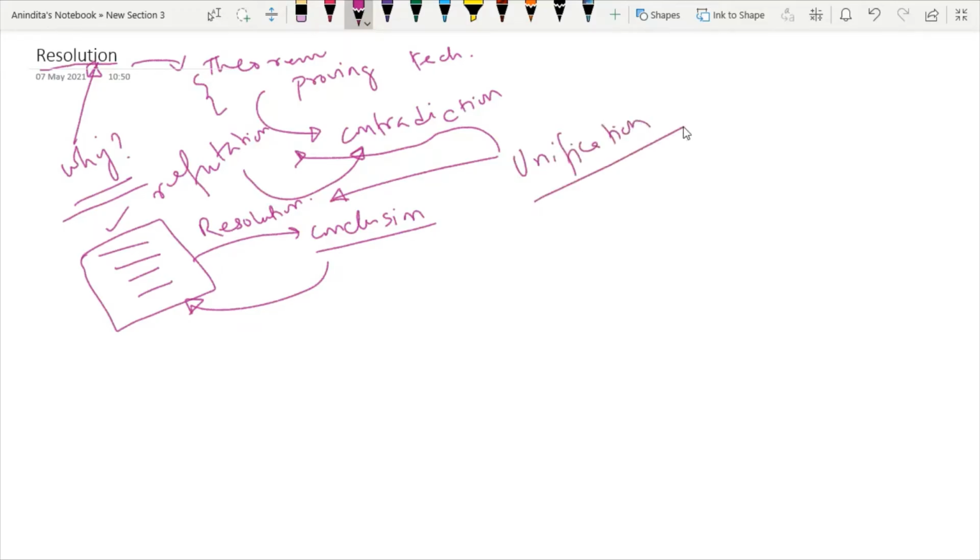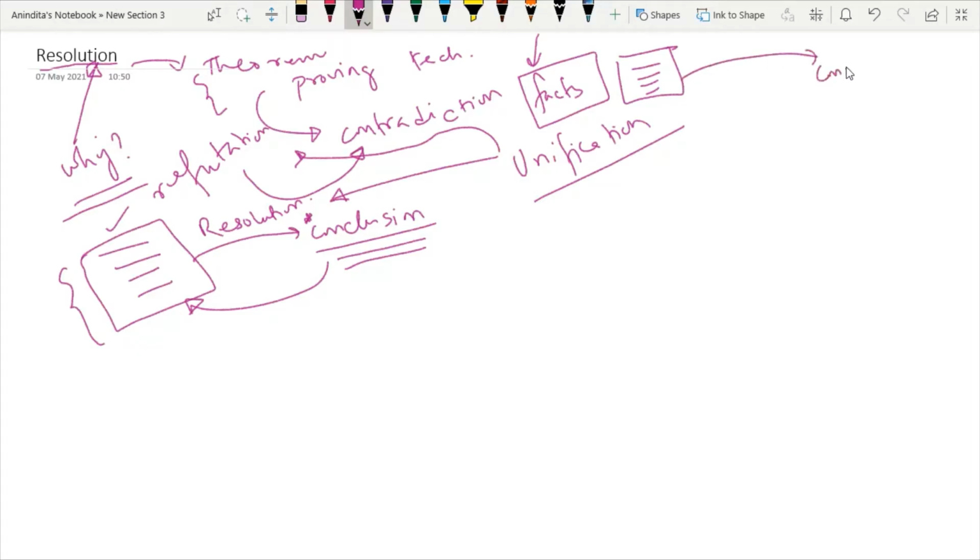So, by using the concept of unification, we can perform resolution so that we can derive some conclusion from a given set of statements. At this point of time, it is clear that we should have some given statements which are known as facts. So, using these facts or using this knowledge, we can derive some conclusion. Here we have some AI system which will help us to infer so that we could conclude here.